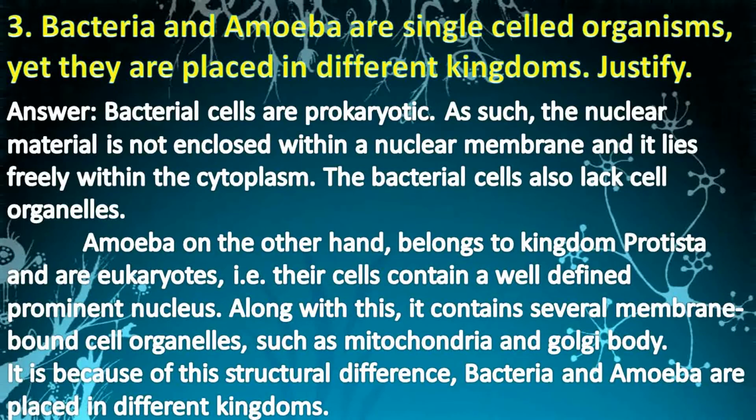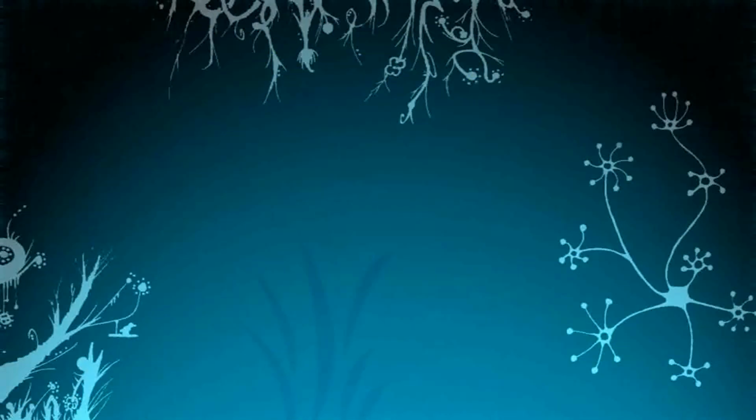Along with this, it contains several membrane-bound cell organelles such as mitochondria and Golgi body. It is because of this structural difference that bacteria and amoeba are placed in different kingdoms. Next question.